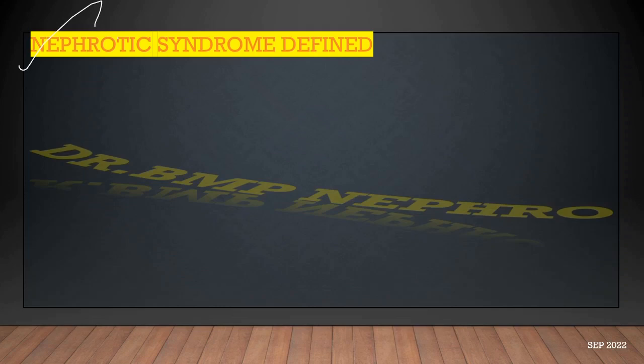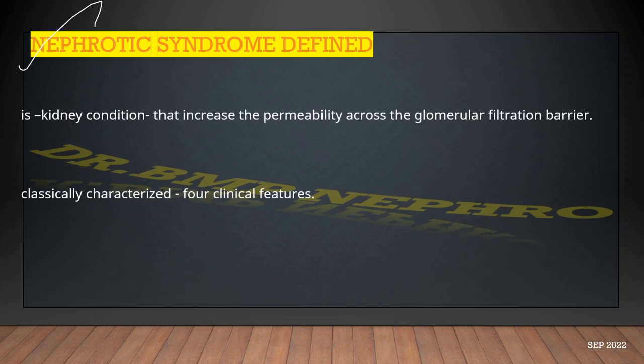Regarding the exact definition of nephrotic syndrome, we have to tell it clearly, and what are the components in nephrotic syndrome that you have to tell sequentially. Basically, it is a kidney condition that results in increased permeability of the protein across the glomerular filtration membrane.